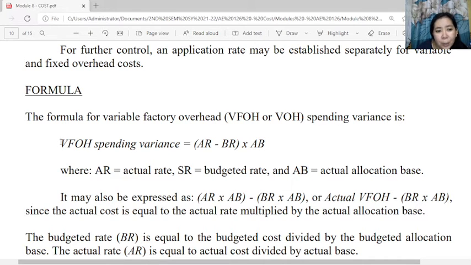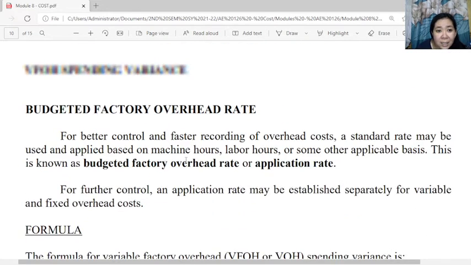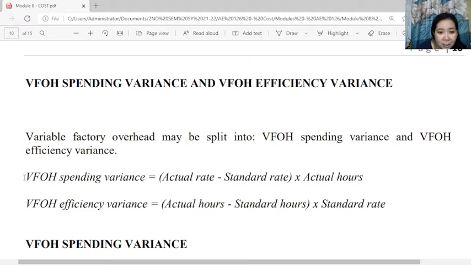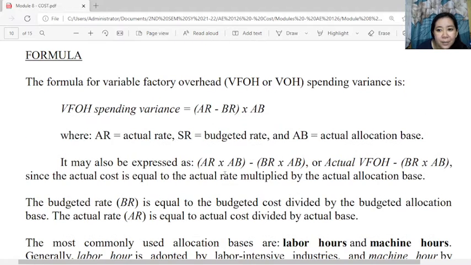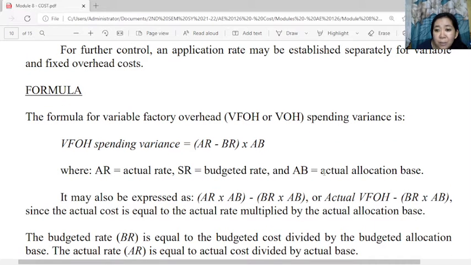Okay, so actually the spending variance here is just the same as the earlier one. Instead of using standard, we use budgeted, because standard also refers to the budgeted. Standard and budgeted are used interchangeably in this context. So the actual allocation base is your actual hours, for example, direct labor hours or machine hours.